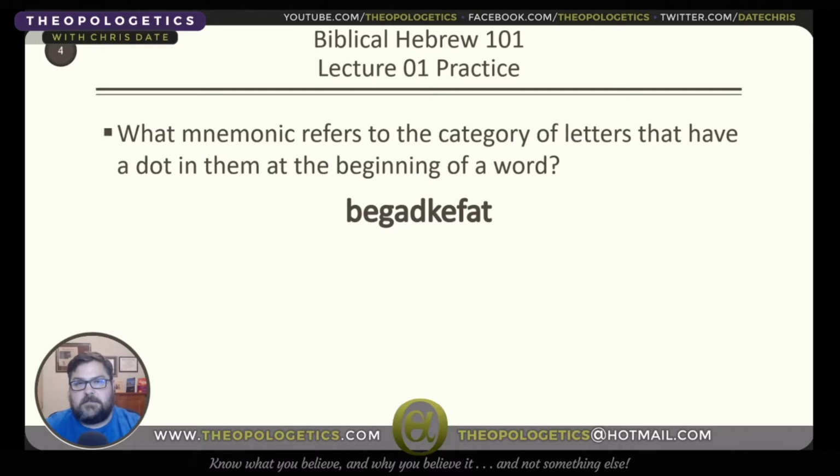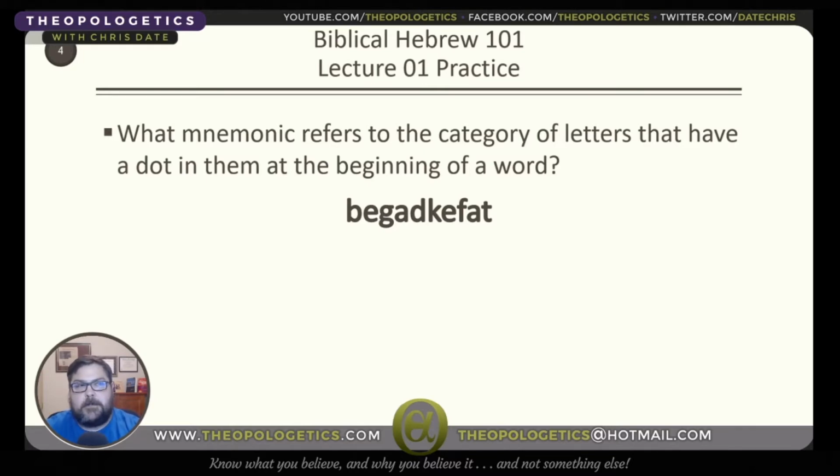Remember, the consonants in the English mnemonic Begad Kafat each correspond to a consonant in the Hebrew ALEF-BET.